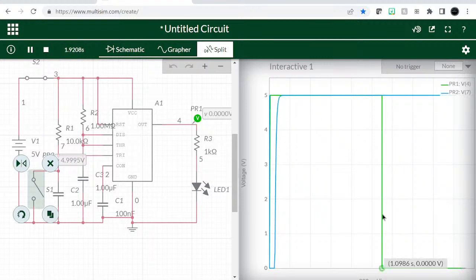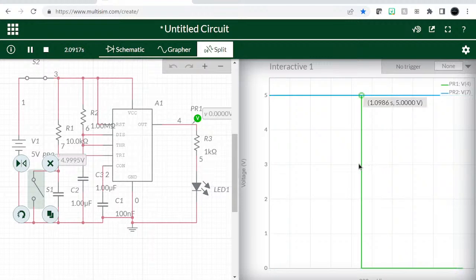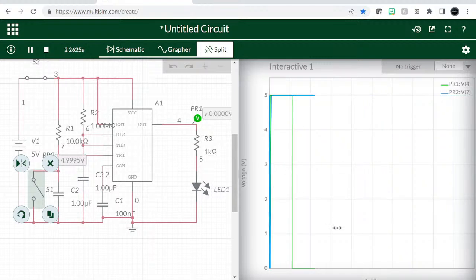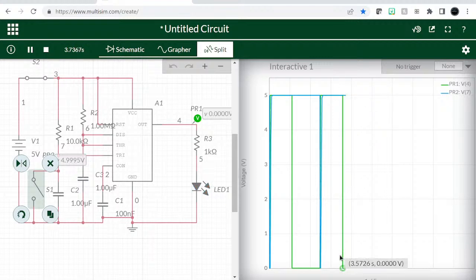But our monostable period has timed out here. We can see that. All right, so let's do this again. Close and open. So it goes down. Now it's going to time out somewhere around where my mouse is. It's going to come down. So that's our monostable period. All right, it goes down here.